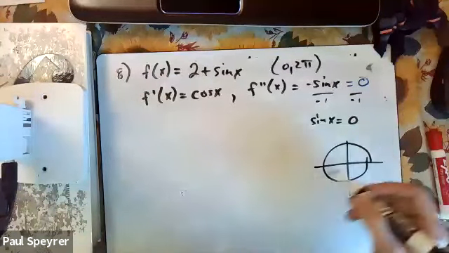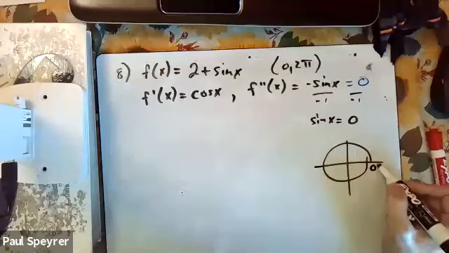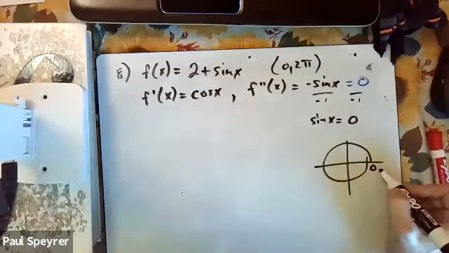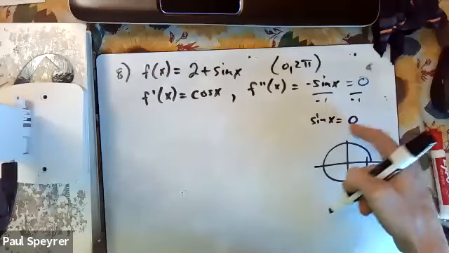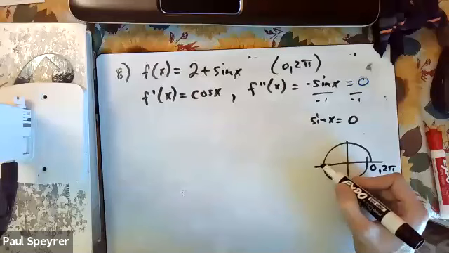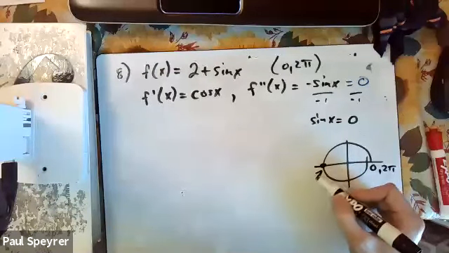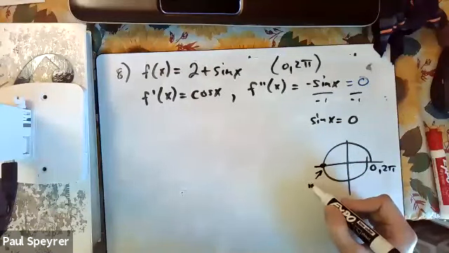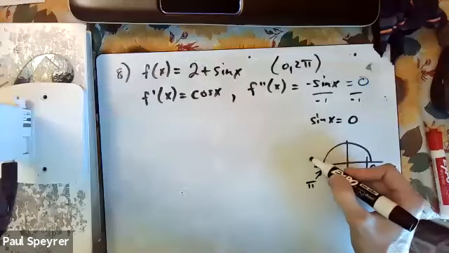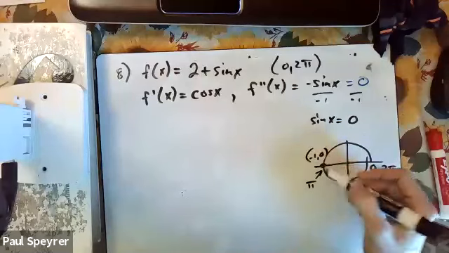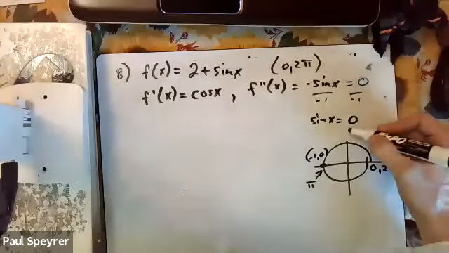This is 0, and if we do 1 full revolution, we wind up back at 2 pi. But where does sine of x equal 0? Well, right here. That's pi, right? Sine of pi is 0 because this is negative 1 comma 0 right here.